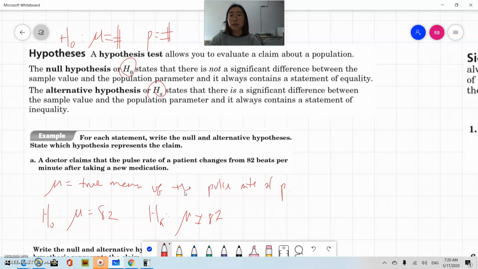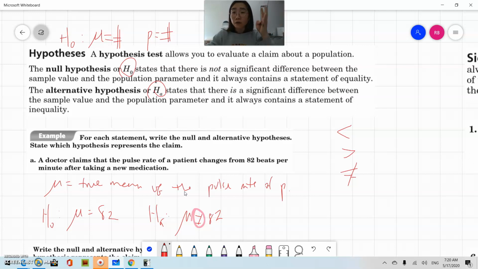Since he doesn't give us any direction of how the number is changing, the only option we have is not equal to. The alternative hypothesis can have less than, greater than, or not equal to. And for the null hypothesis in this course, you're only going to use the equal sign.